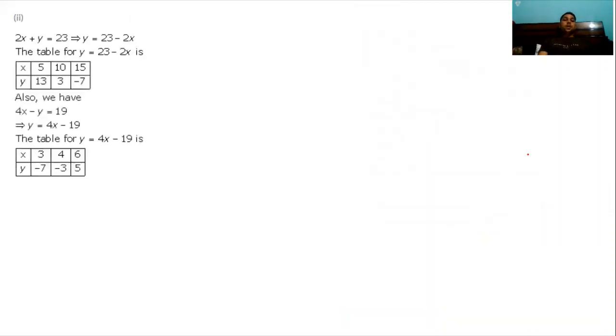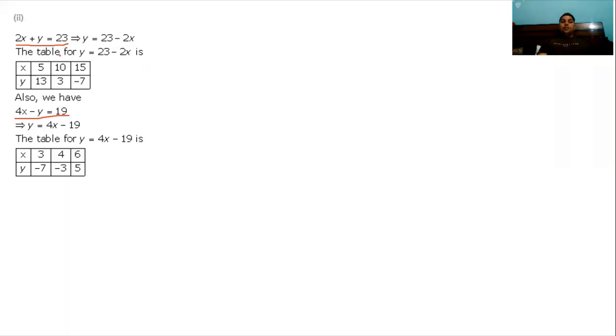Then the next category of question. Now we have two equations. This is the very first equation and this is the second equation. From these two equations we can draw two different lines on the same graph. Remember to solve in a similar way as we have already been doing: make one variable the dependent variable and the other variable the independent variable.